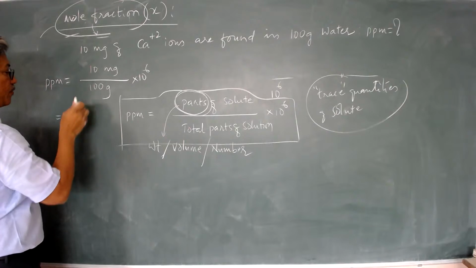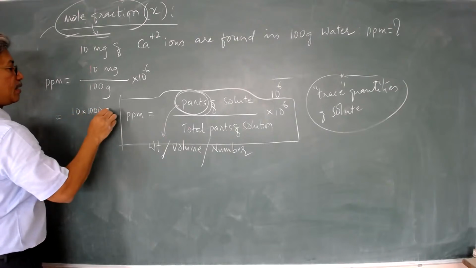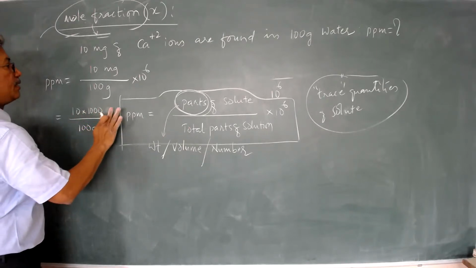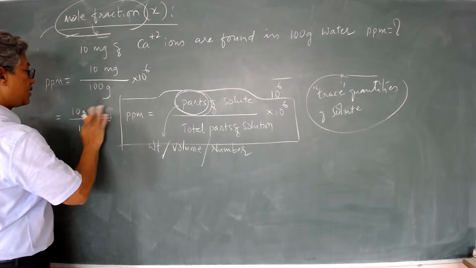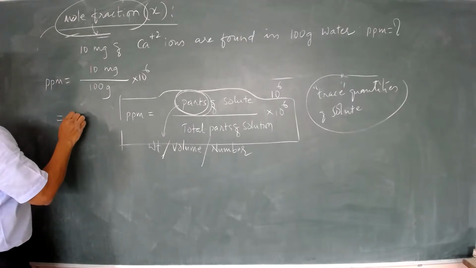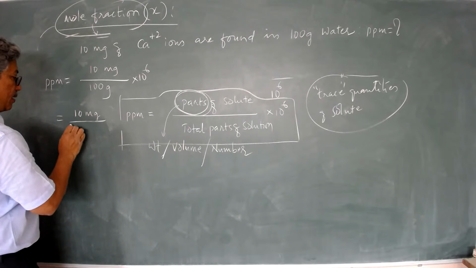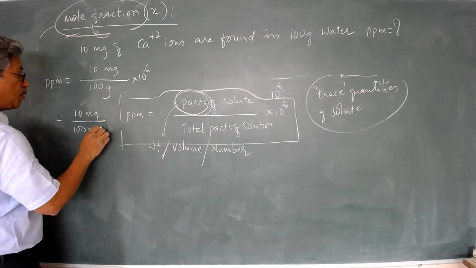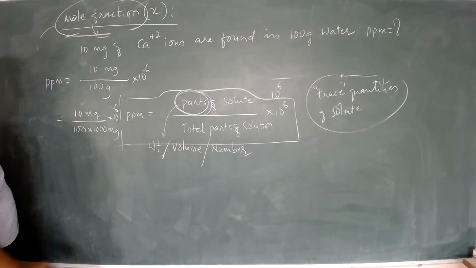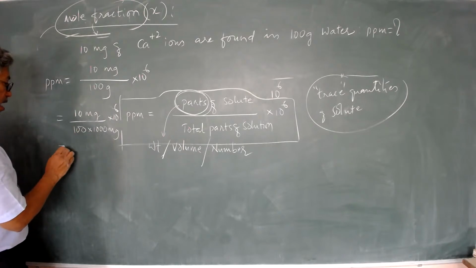Okay, I would like to go for this. 10 milligram divided by 100 into 1000 milligram into 10 raised to 6. I have converted gram to milligram by multiplying by 1000. Okay, then how much is it?